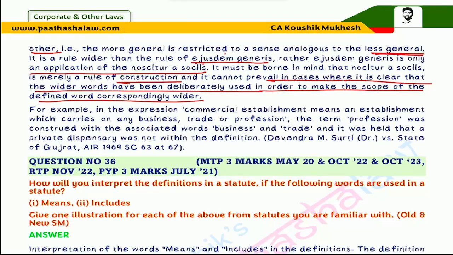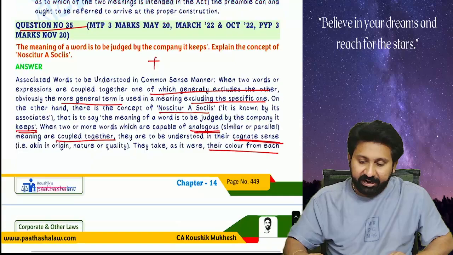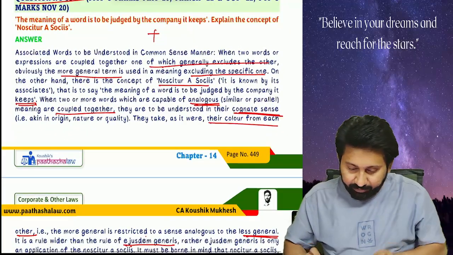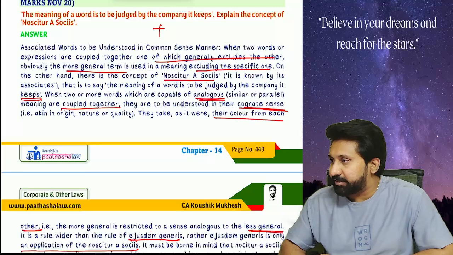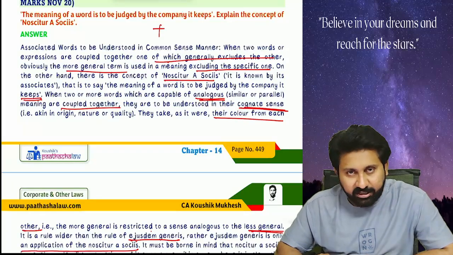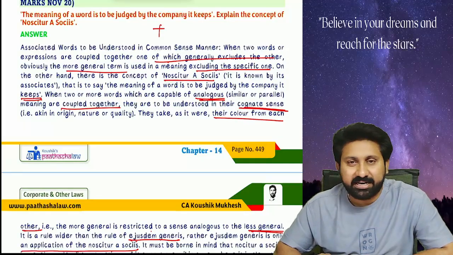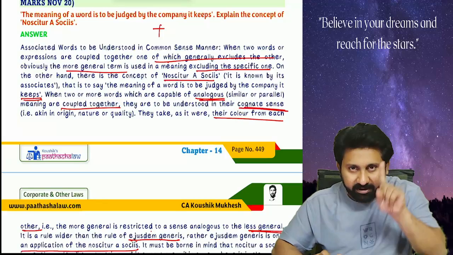Okay. Now listen, I will explain the point first. Noscitur a sociis is an expected question for the Jan 25 exams. That is the first thing I wanted to confirm. If the question comes in the exam, don't blame me. So I am repeating once.